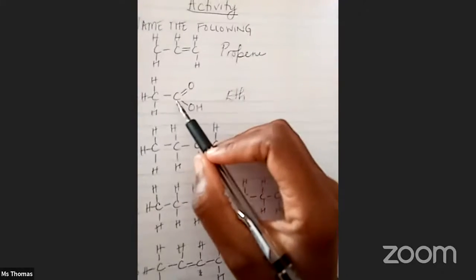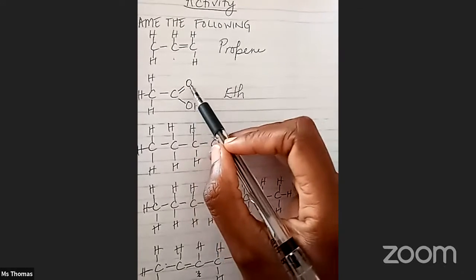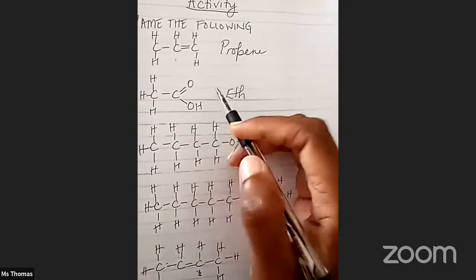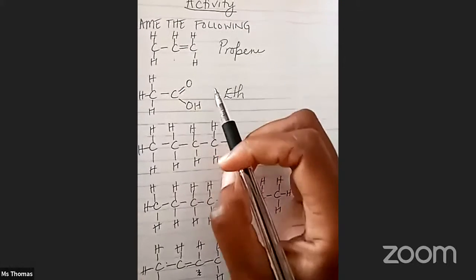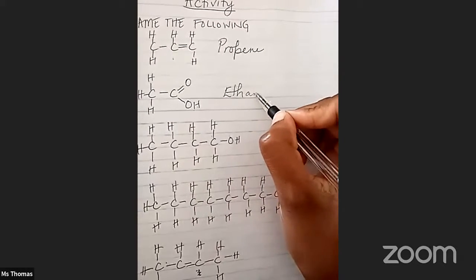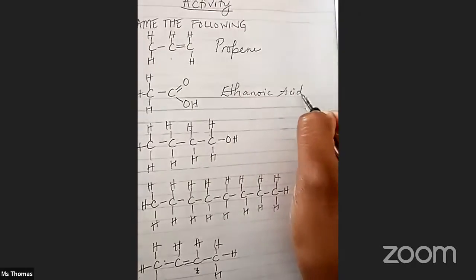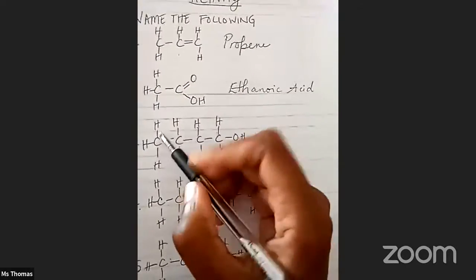It's not an alcohol. It's a carboxylic acid, COOH. It's from the group of alkanoic acids. So it's ethanoic acid. So Miss, 2 is eth. 2 is eth. You have to memorize them.